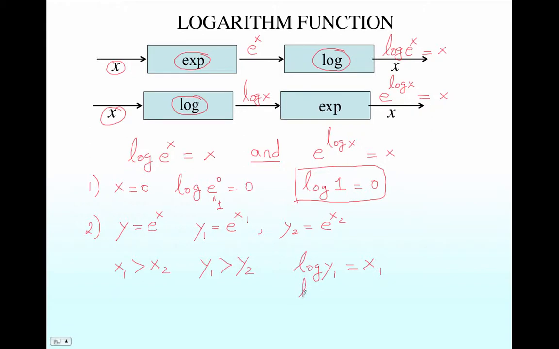And the log of y2 is x2, obviously. And so we have this relation that log of y1 must be bigger than log of y2 since y1 is bigger than y2. And that's telling us that the logarithm increases as its argument increases, and this too is a monotonically increasing function.